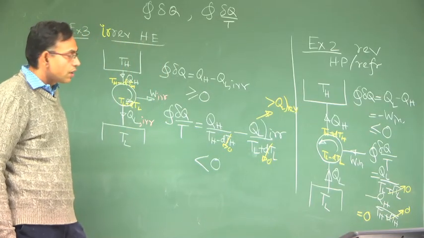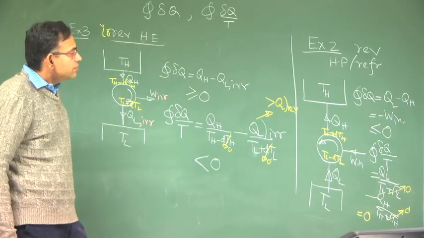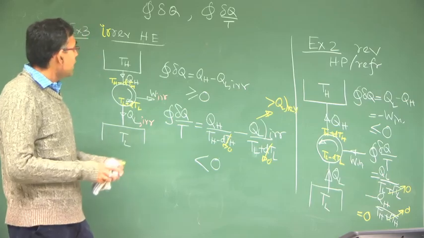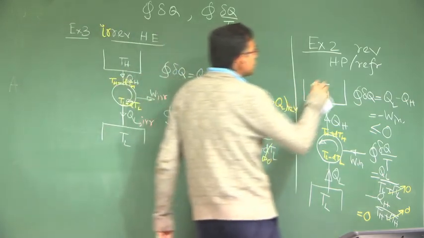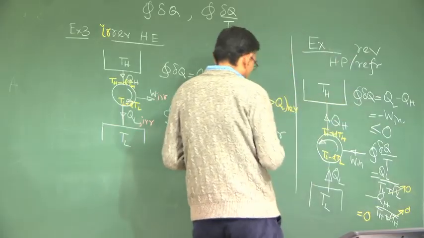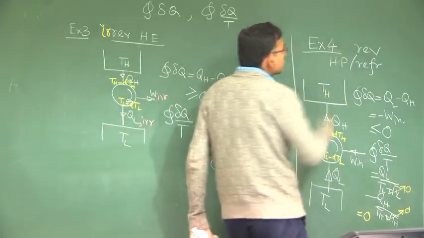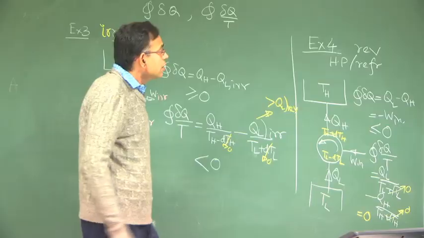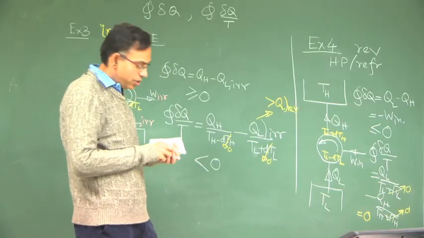Okay. Then let us take example 4. Irreversible heat pump or refrigerator.